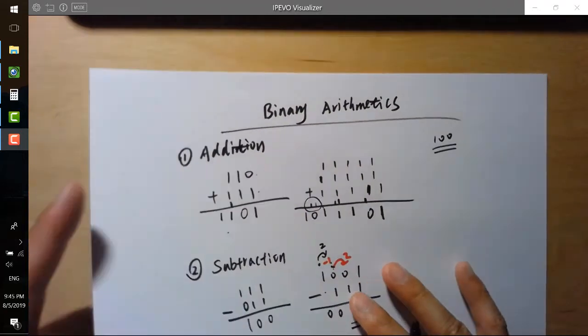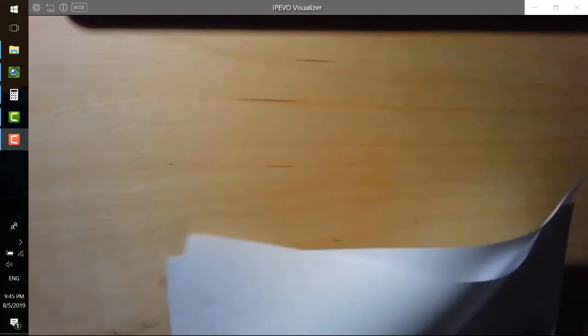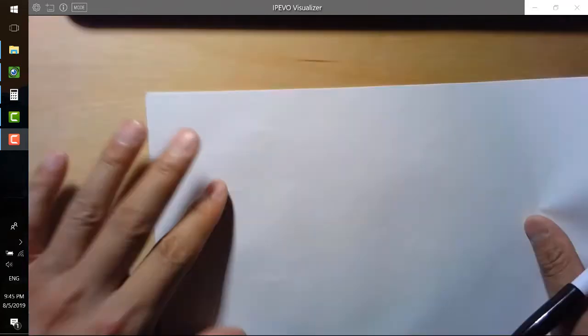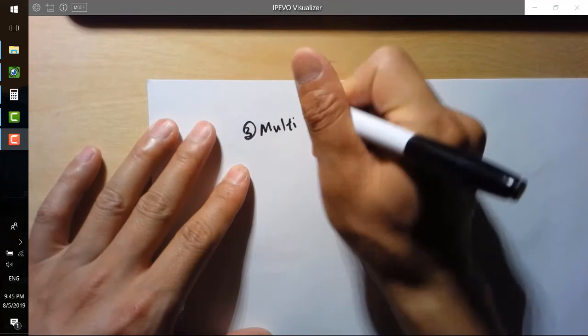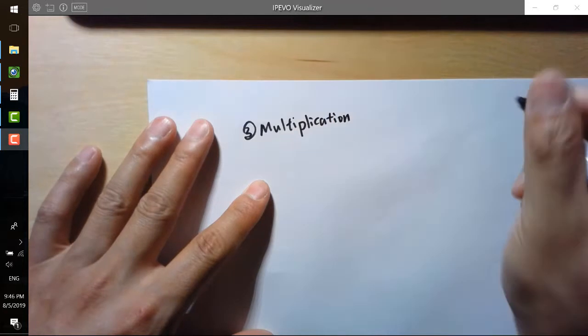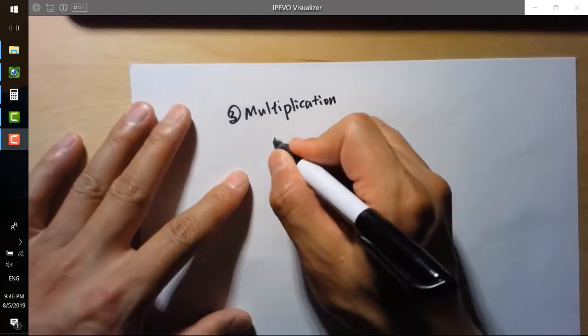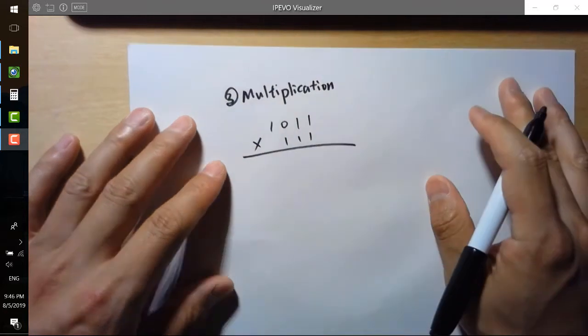So let's start a new page for multiplication. 1011 times 111. How is that?